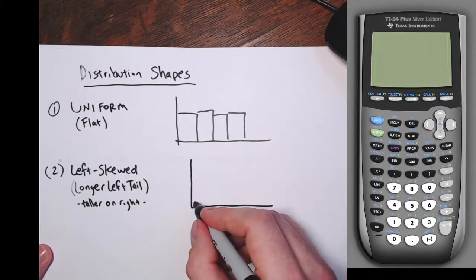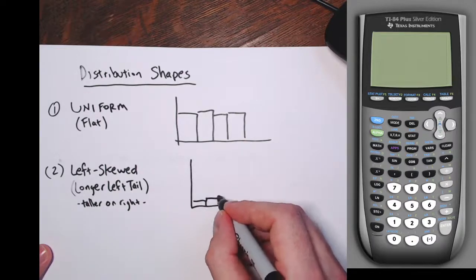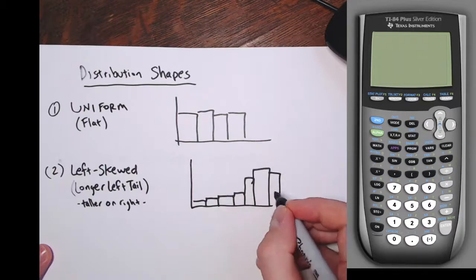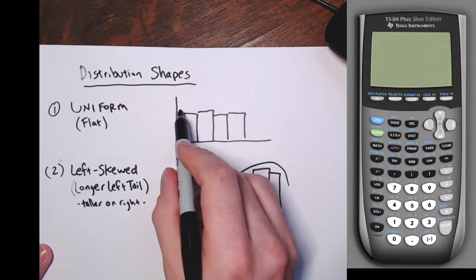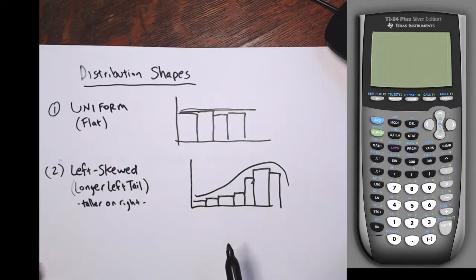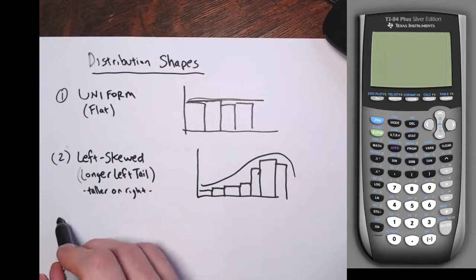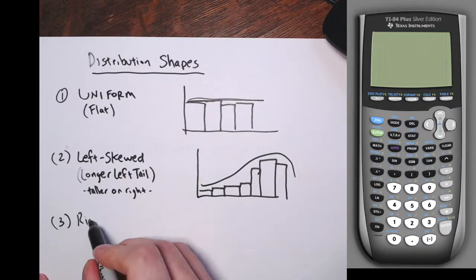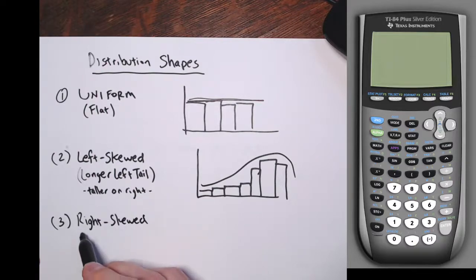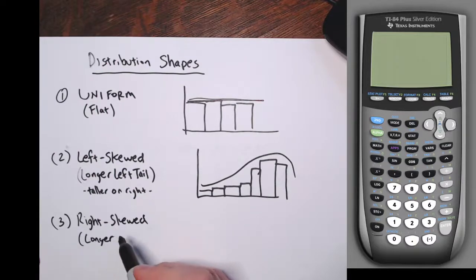So something like this, where it's low on the left here, and then gets really big on the right side. So a longer left tail, bigger on the right. That's called a left skewed distribution. Right skewed is just the other way around. It's a longer right tail, or taller on the left.